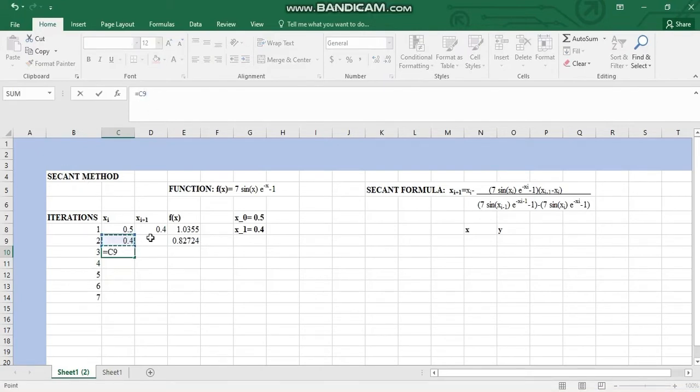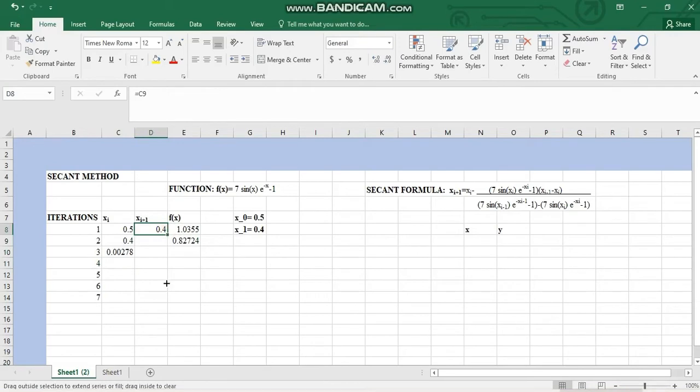It is equal to x initial minus function of x initial times x initial minus 1 minus the next initial over the function of x initial minus 1 minus the function of x initial. Then we will just drag it down.